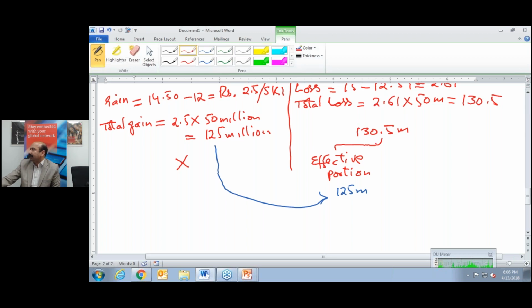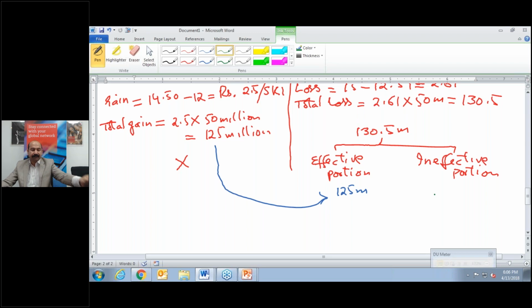The remaining portion is basically the ineffective portion of this loss, and that is 130.5 minus 125.